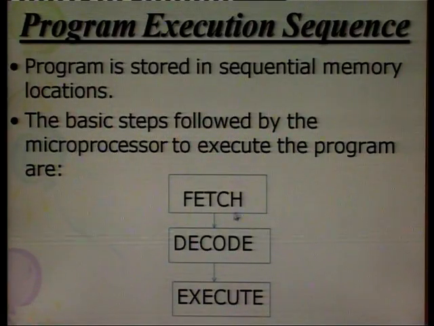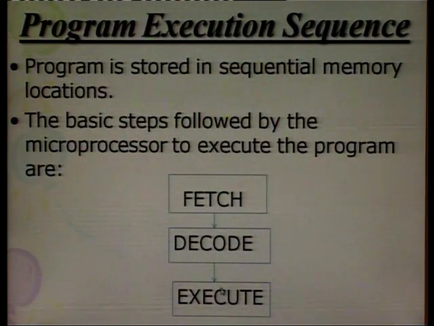The data which is fetched and stored in the instruction register goes from there into the instruction decoder. The instruction decoder decodes that 0-1 combination fetched from the memory, and after decoding it generates the necessary timing and control signals to complete the execution.